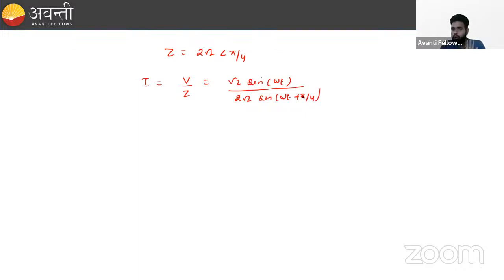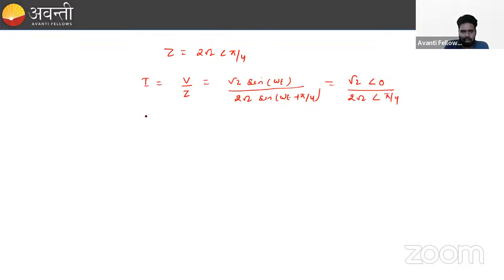But we know how to tackle this type of scenario. We can use the symbolic representation: this is 0 degree, root 2, divided by 2 root 2 at pi by 4.